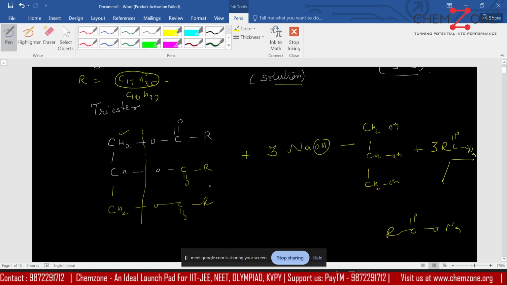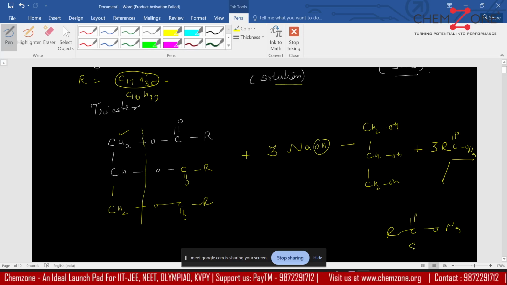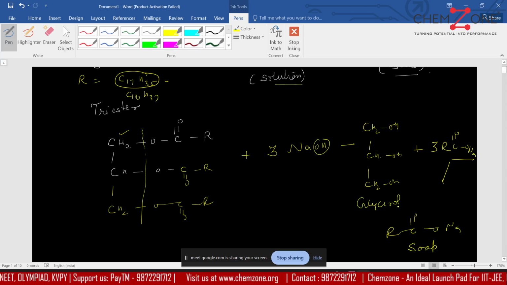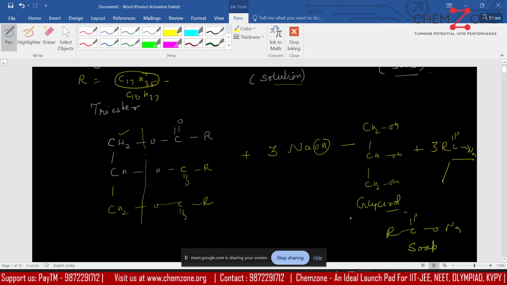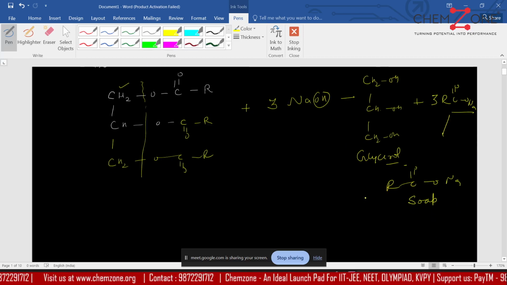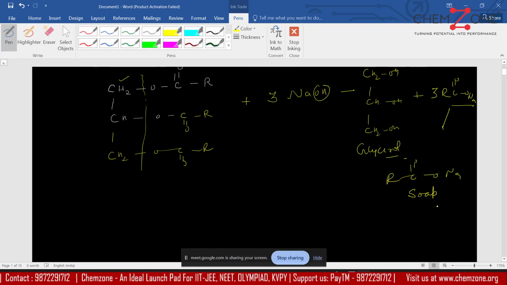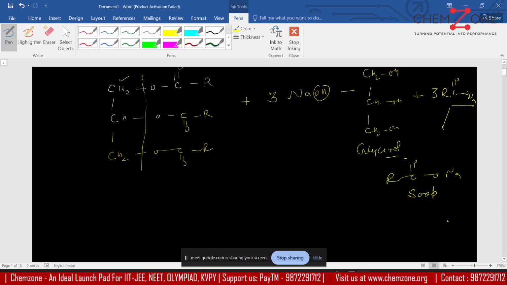This is the soap that we get along with the glycerol. The glycerol is separated from the main soap.